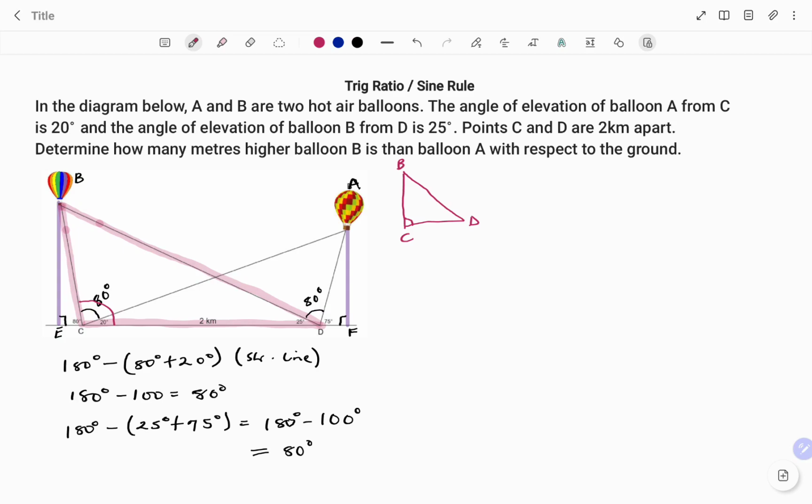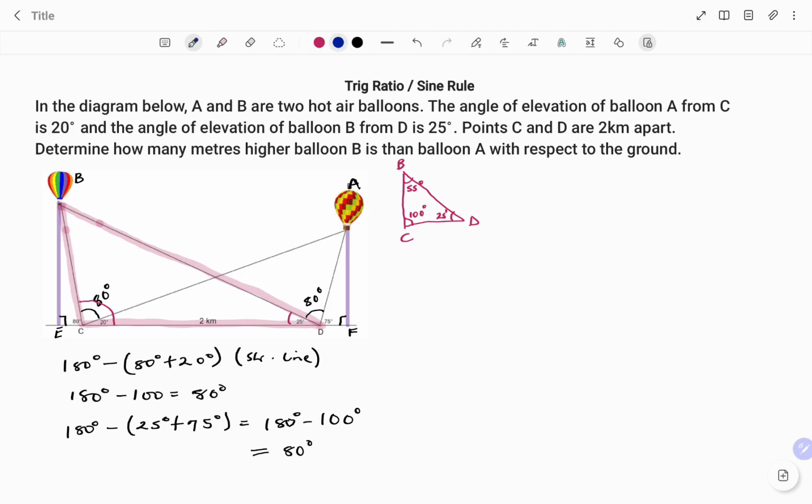That's 80 plus 20, that will give us 100 degrees. I have the angle at D as shown, that's 25 degrees. Therefore, to find the angle at B, the sum of angles in the triangle is 180 degrees. So the angle at B will be 55 degrees.